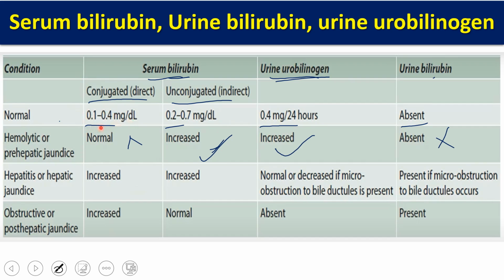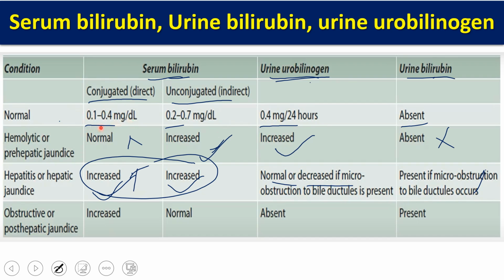In hepatic jaundice, conjugated bilirubin rises, and unconjugated also rises, because in the liver we have both conjugated and unconjugated. Urobilinogen may be normal or decreased, and urine bilirubin may increase, because here conjugated bilirubin increases, so it may be present in the urine.